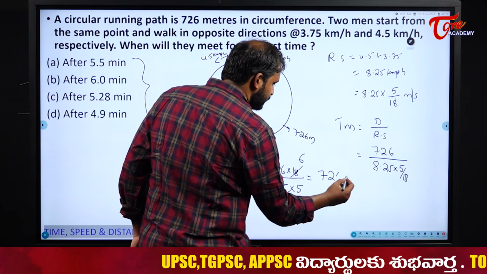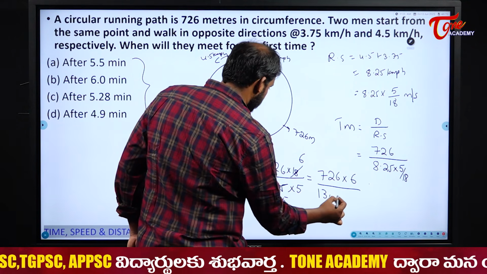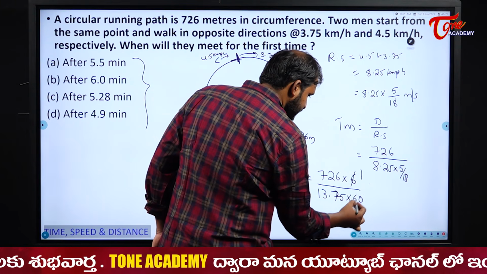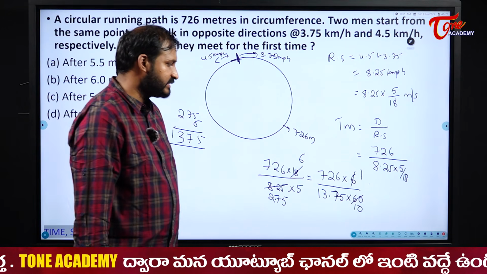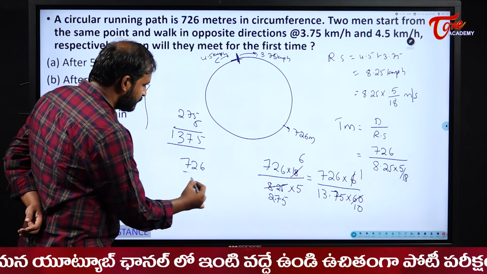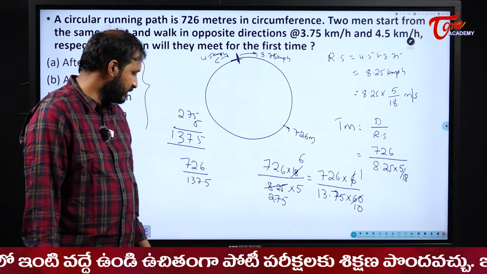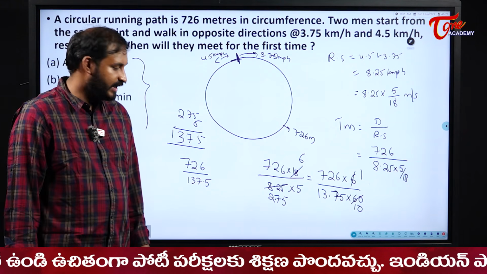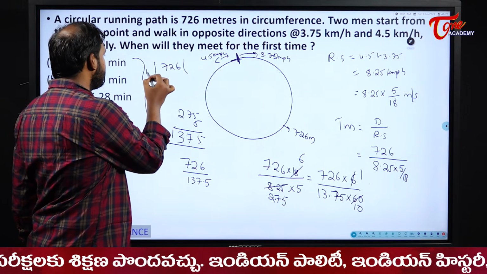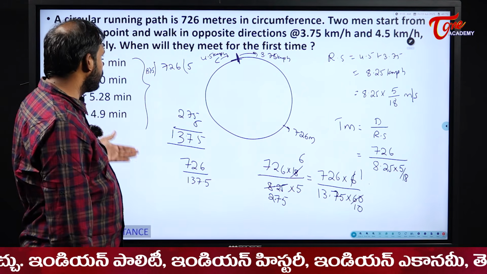So 726 into 6 by 13.75 into 60. 6 ones 6 tenths. So it will become 726 by 137.5. Please solve it, students. What you are going to get will be the final answer. 726 by 137.5, anyway 5 times, because all the options are more or less the same.